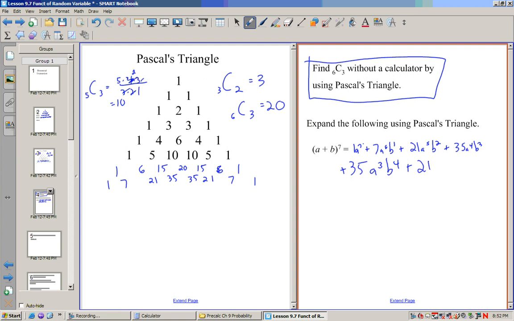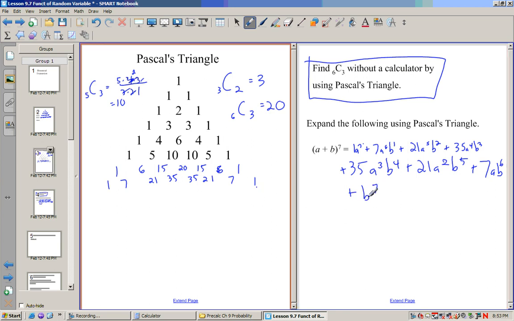And then we go to 21 a squared b to the 5th, plus 7 a b to the 6th. And then finally we're going to finish it with b to the 7th. And that would be 1, and then no a's, a to the 0, and then b to the 7th. Notice how we use the row on Pascal's triangle to figure out all of those coefficients.